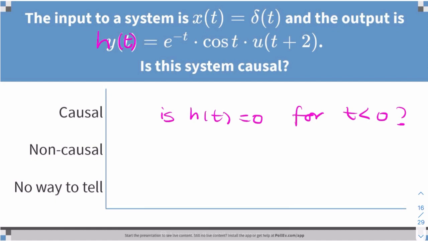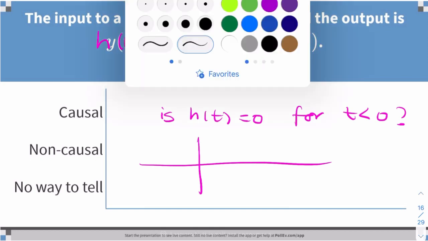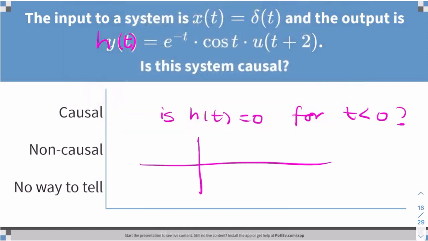Now, h of t here looks like something like this. It's a product of 3 things: an exponential, a cosine, and a unit step. And most importantly, the unit step starts at, if we do it the long way, t equals -2. So the unit step starts there.